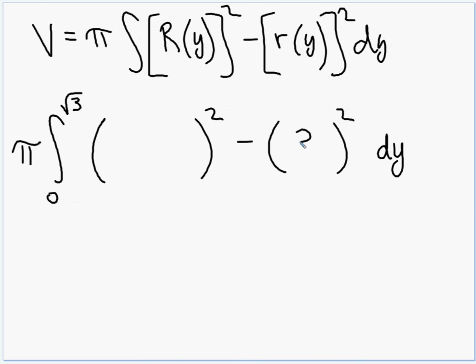Now, here is going to be, we need in this component, or in this set of parentheses, a little equation that's going to give us the height of our representative rectangle.